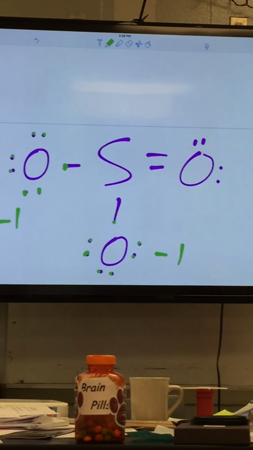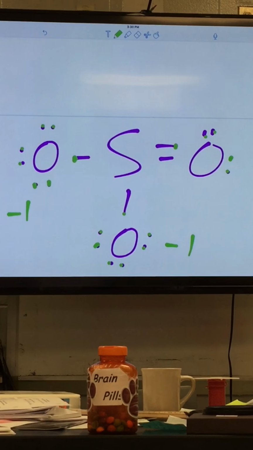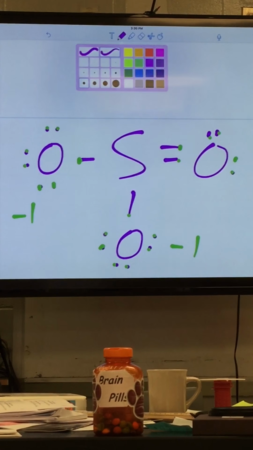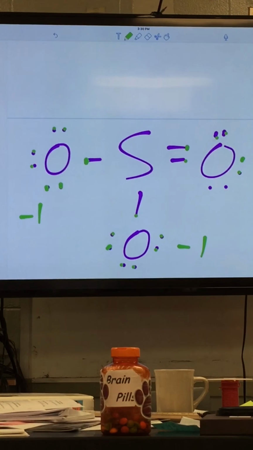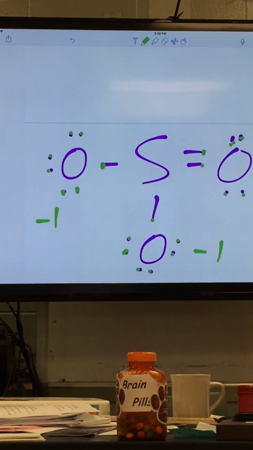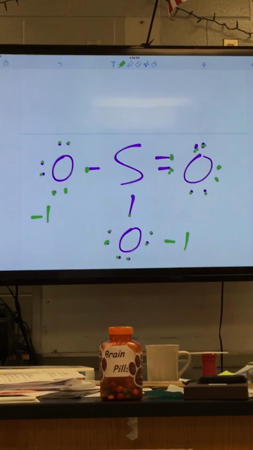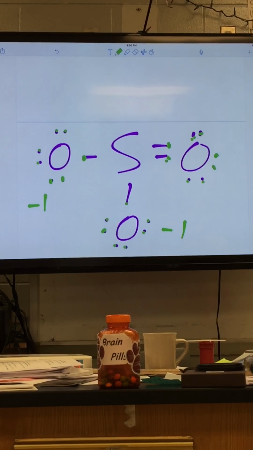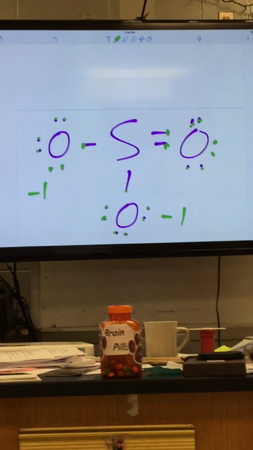This one up here on the top right, we have 1, 2, 3, 4, 5, 6. We need 2 here. So we have 1, 2, 3, 4, 5, 6, 7, 8. And these 2 right here are shared. So we have 6 valence electrons and 2 are shared to give it 8 in the octet.